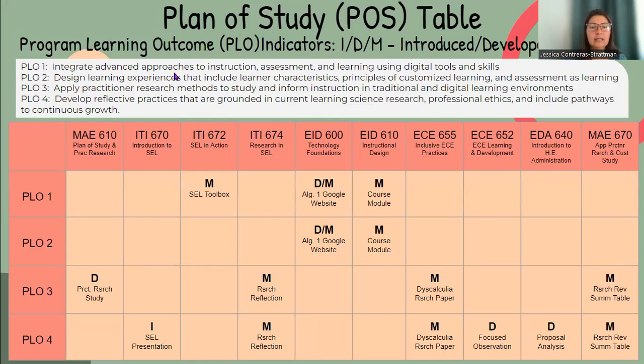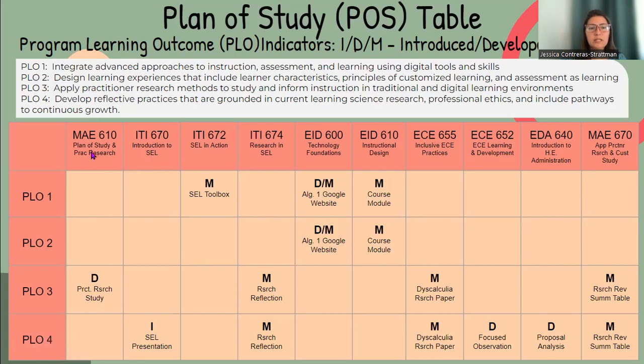It contains a key or legend at the top describing each of the program learning outcomes, PLO 1 through PLO 4, and the table below shows each artifact I chose for each course throughout the program, which PLO it aligned with, and, using one of the indicators, the level of mastery I assigned it. I will briefly go over this, and then explain each of these artifacts in more detail.